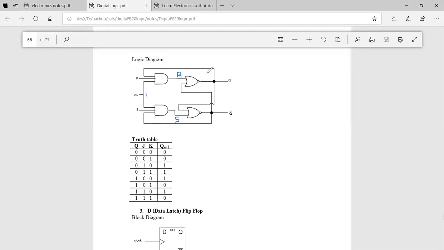All of them are developed using the RS flip-flop as the most basic device. Actually, a flip-flop is the most basic device of memory elements. So what we are talking about here is basically the structure where memory starts from: the RS flip-flop, the JK flip-flop, the D flip-flop, and the T flip-flop.